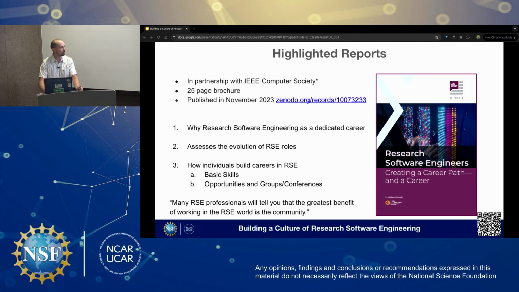Many RSC professionals, as quoted in this report, will tell you the greatest benefit of working in the RSC world is the community. And I would heartily agree.